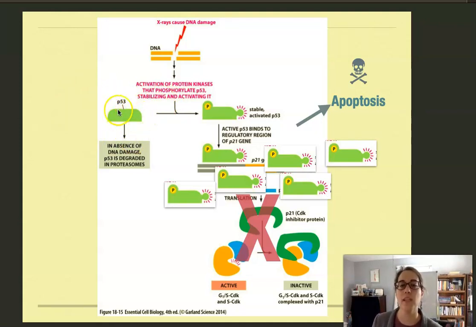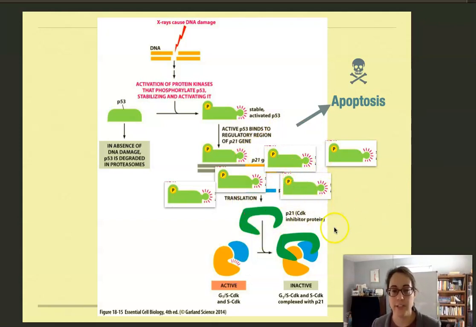If P53 is needed, then it's going to be activated. It is activated only when there's DNA damage. So there's some other molecule that is sensing this DNA damage, and it's then going to phosphorylate P53 to make it active. P53 then goes and binds to DNA, and it causes the expression of this gene for P21.